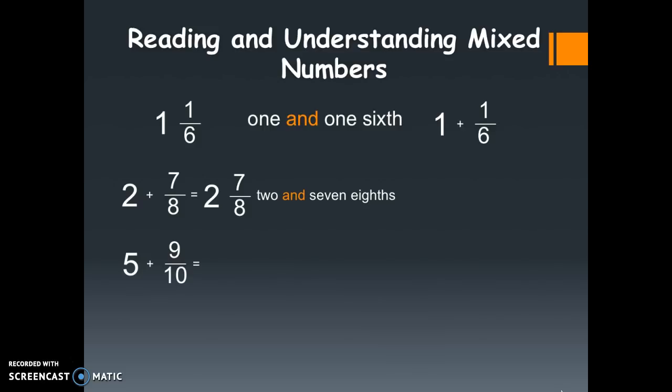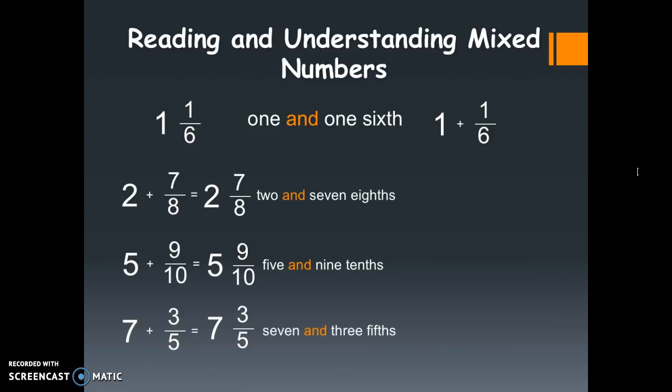So 5 plus 9/10 is simply 5 and 9/10. So you can see what it looks like numerically and written. 7 plus 3/5. Imagine in your brain now, what would come next? 7 and 3/5. And in words, 7 and 3/5.